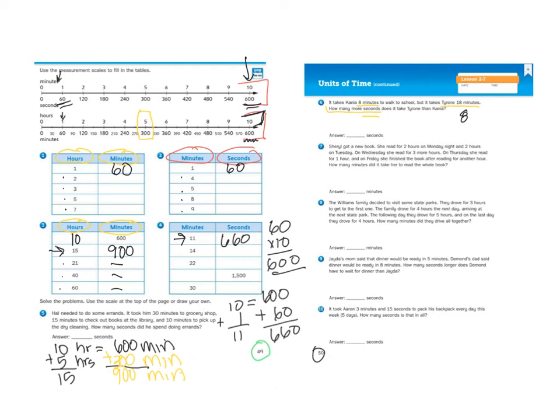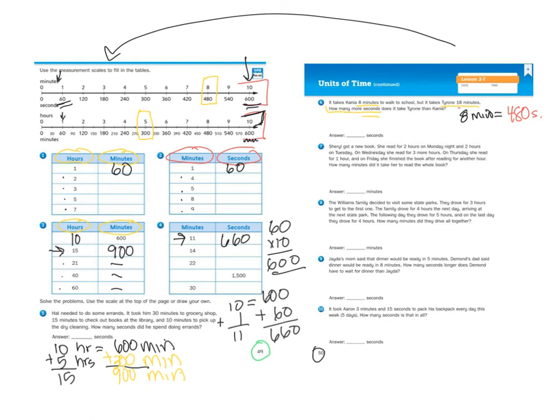Okay, so 8 minutes equals how many seconds? Make sure you go back and you can look at your chart. So 8 minutes is 480 seconds. Then we need to find out for Tyrone.